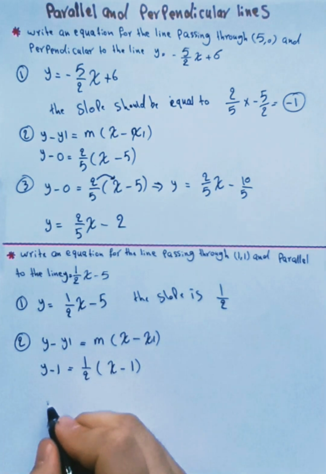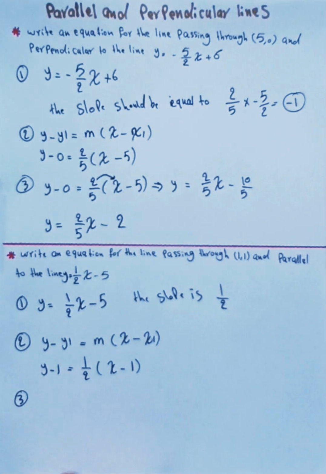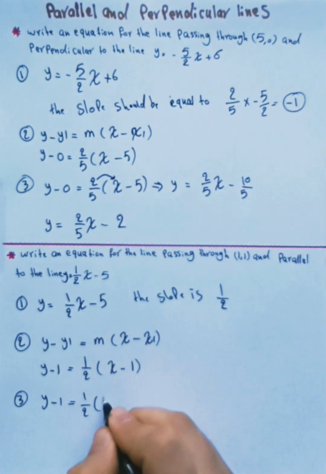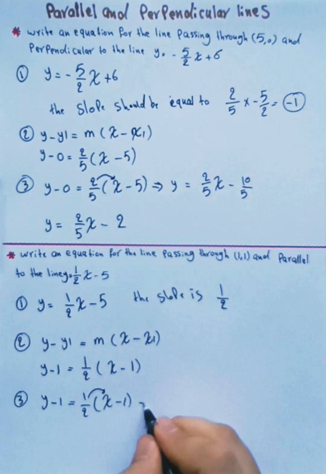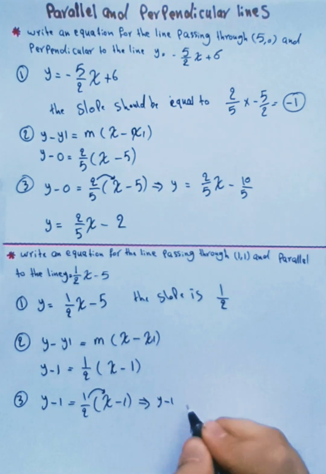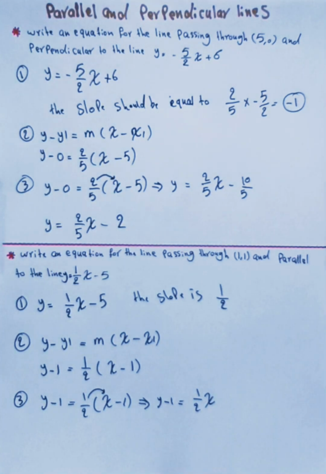The third step, you have to write the equation in slope-intercept form. y minus 1 equal to 1 out of 2 times x minus 1. You have to multiply 1 out of 2 into the parentheses, so we have y minus 1 equal to 1 out of 2x minus 1 out of 2 times 1 equal to 1 out of 2.